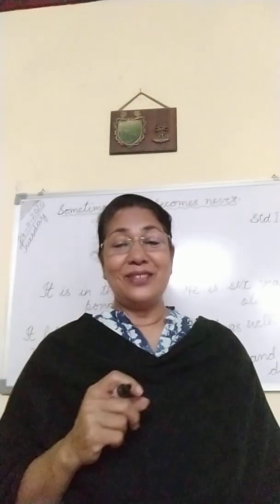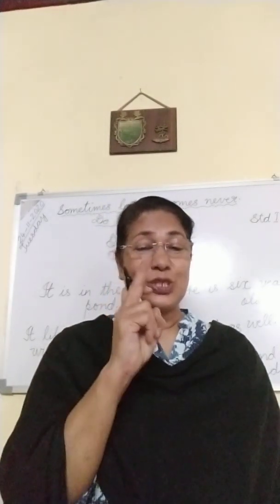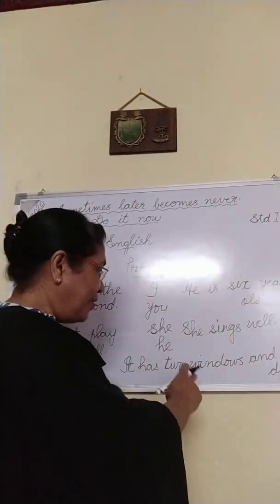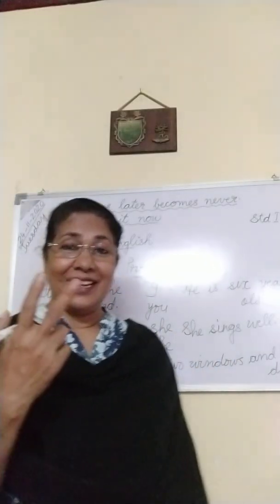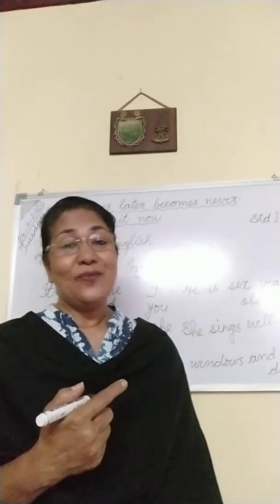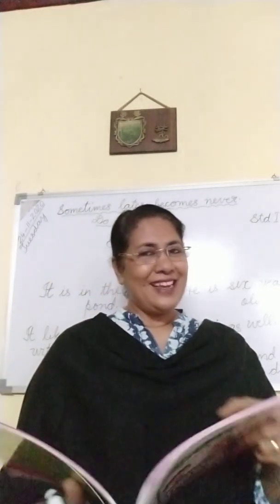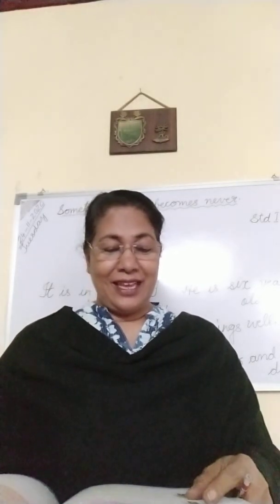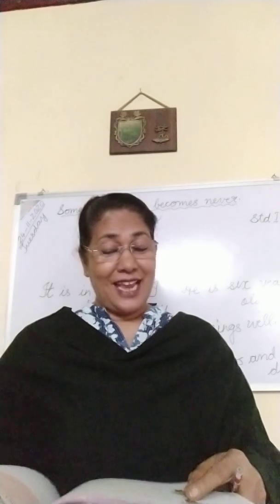Why are you saying a door? Yes, a means to show one, and a door. 2 windows. Here we use windows because there are 2. So that is plural form. That is why we use windows. Okay, correct? Yeah. Now the next one you see, it's a picture given there and Vicky is standing there.